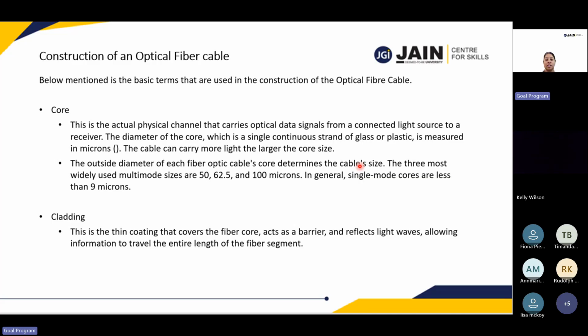It is the one reflecting the light waves and allowing the information to travel the entire distance which has to be covered by the fiber optic cable, the entire length of the fiber segment. That is called cladding. So it's a thin coating which covers the fiber core, acting as a barrier which reflects the light, allowing the information to travel.